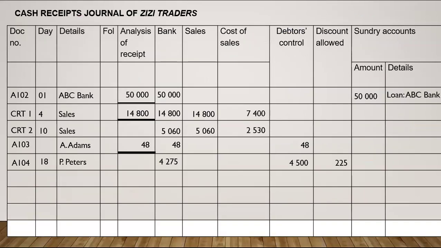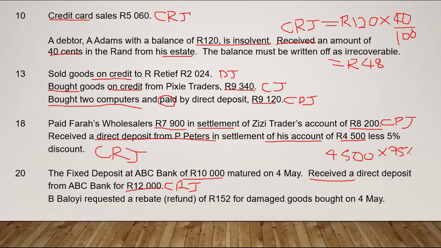In the cash receipts journal, we will have A105, which is our receipt number. Day is the 20th. This amount of money was received from ABC Bank. They didn't say anything about receiving a direct deposit. Oh, they said it's a direct deposit.